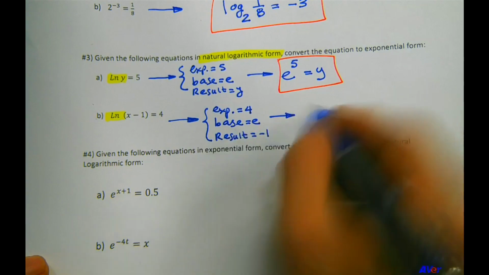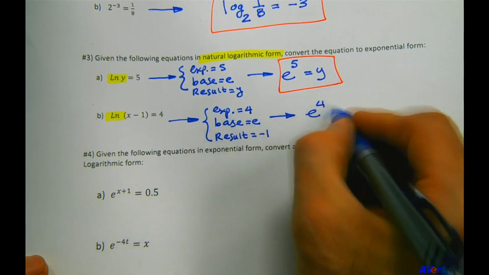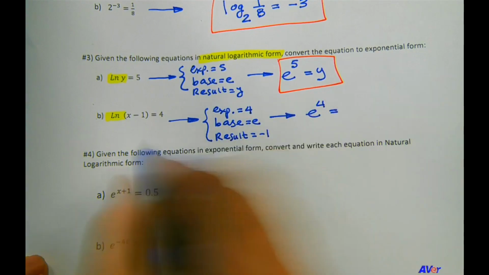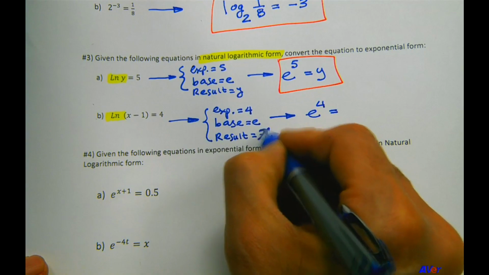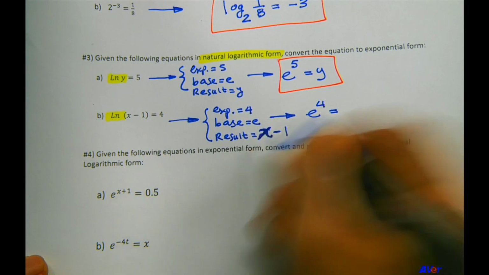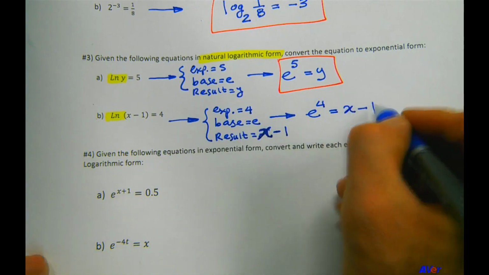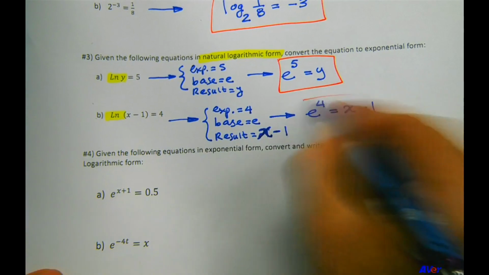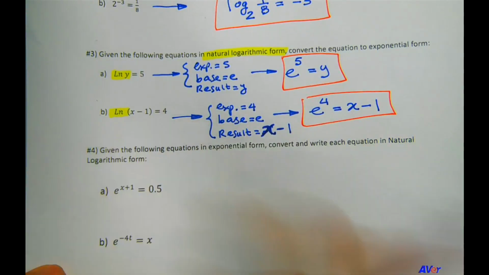All right, let's put it together. So base is e, exponent is 4, and the result is x minus 1. So e to the 4th is equal to x minus 1. So this is the exponential form of this natural log form.